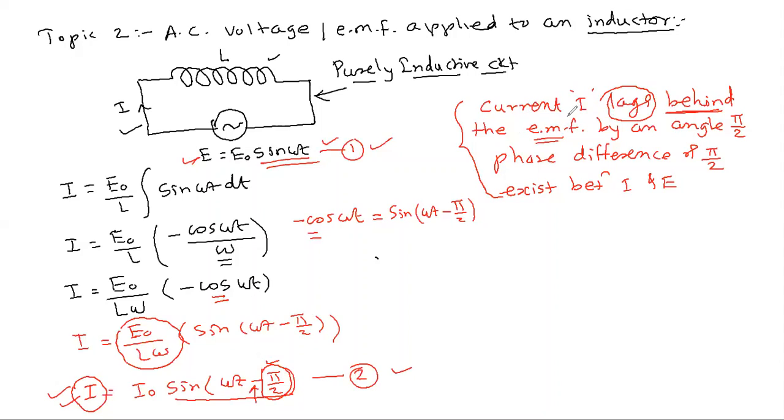So current I lags behind the EMF by an angle of pi by 2, or a phase difference of pi by 2 exists between current and EMF. This is a very important conclusion in the case of an AC voltage or EMF applied to an inductor.